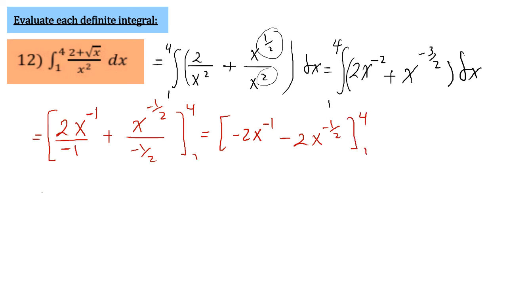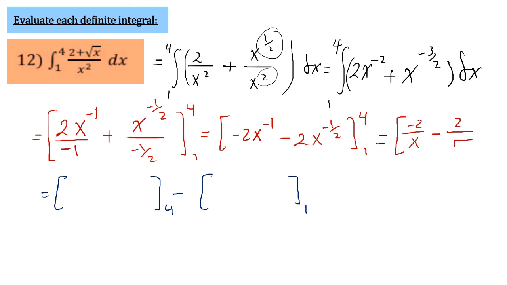So I'm going to replace the value of x at 4 and replace the value of x at 1. By the way, we can write this function as negative 2 divided by x minus 2 divided by root x from 1 to 4.